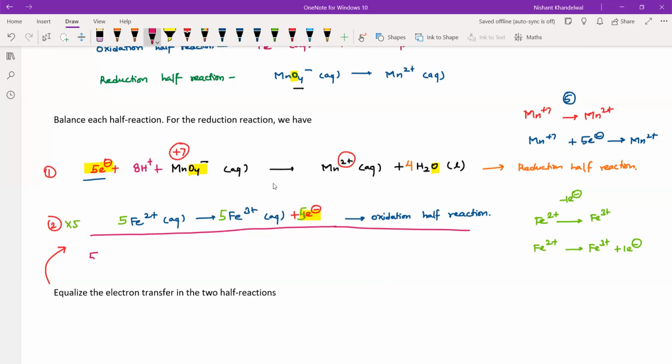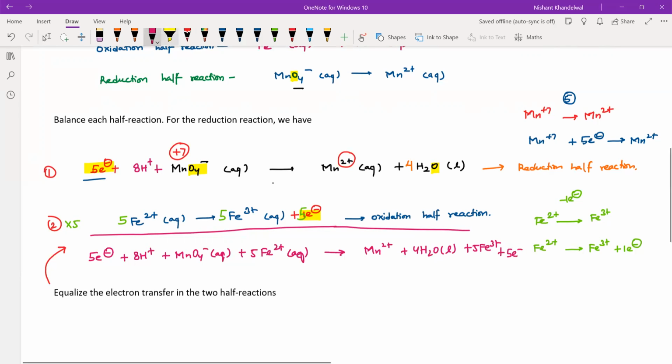So I will get 5 electrons plus 8H plus plus MnO4 minus aqueous plus 5 Fe2 plus, and this is giving me Mn2 plus, 4H2O, plus 5 Fe3 plus, plus 5 electrons. The things which are similar will cancel each other this way.